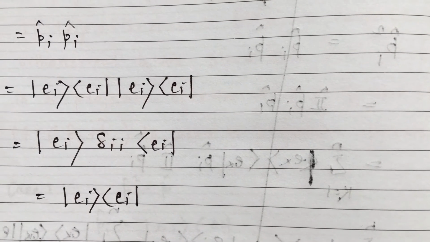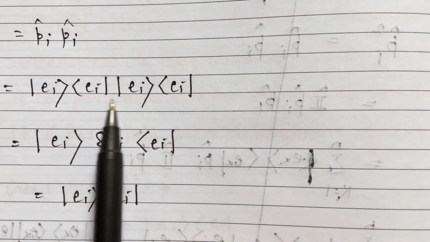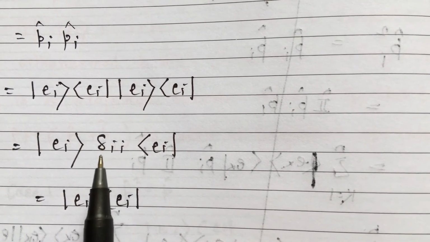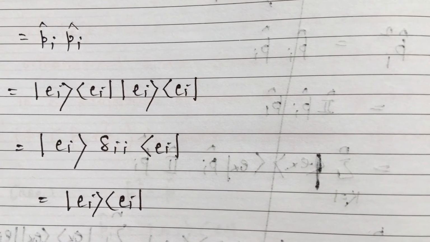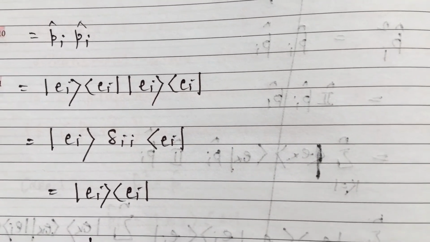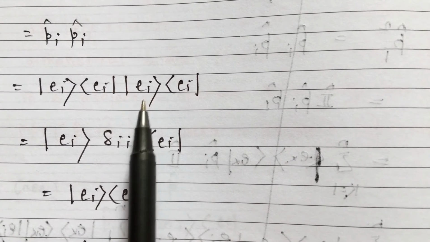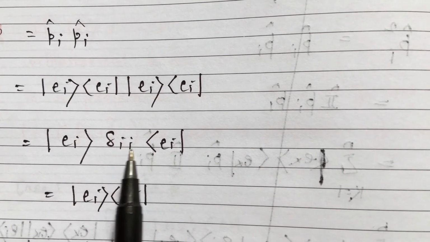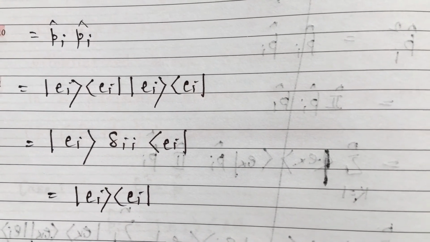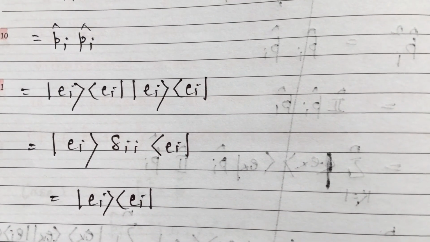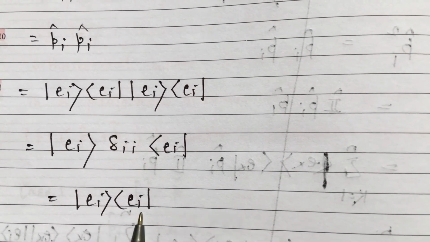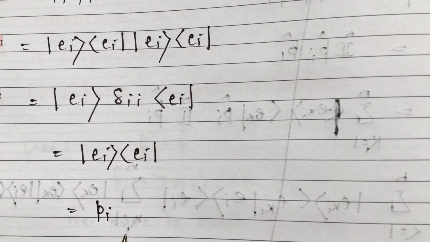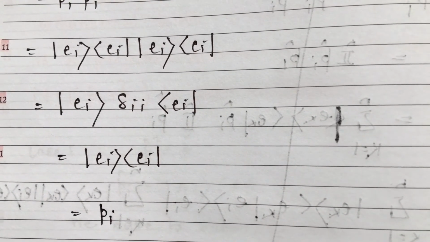So using the orthonormality property of them, I can write EI EI equal to delta II. If it is EI EJ, then I need to write delta Ij. This I have already discussed before. So for the EI scalar product, I can write delta II. Now delta II is nothing but 1, that is the property of Kronecker delta. So I am left with EI EI, which is nothing but this projection operator Pi itself. So my case 1 is proved.